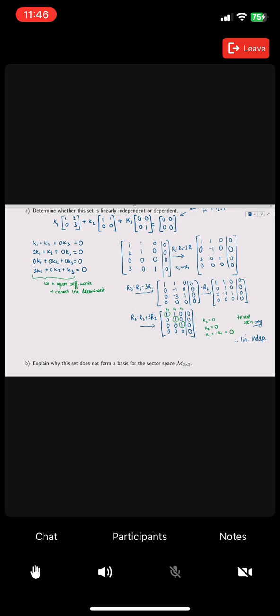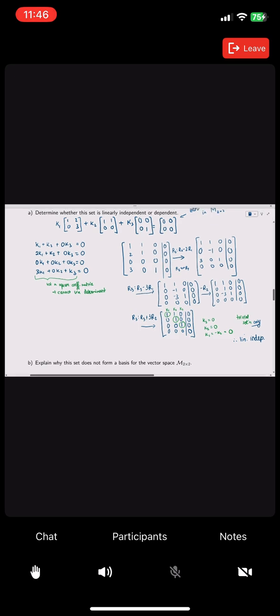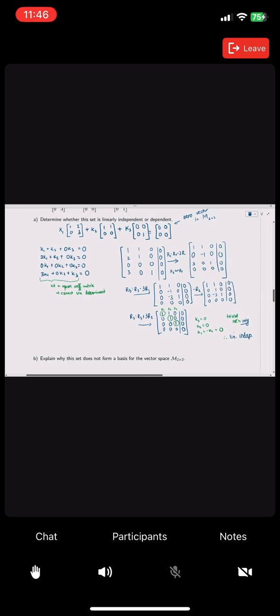So that's what we got for part A. If we got a missing leading 1, for example, if one leading 1 was not there for one of those cases, that would be linearly dependent, because according to the definition, if not all k's are zeros, it's linearly dependent.